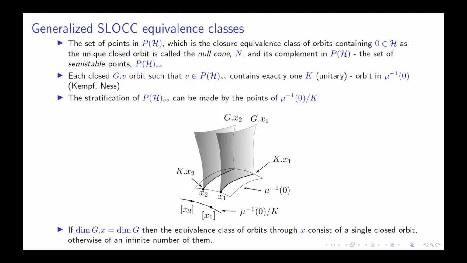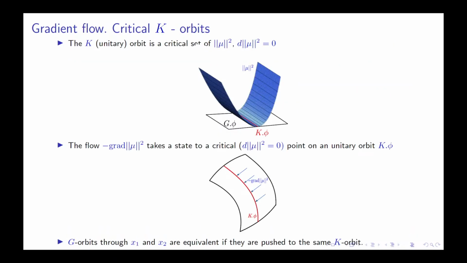So topologically and geometrically it is quite complicated. What is nice is that this unique unitary orbit can be found by a gradient method, the gradient flow of the square of the norm of the momentum mapping.